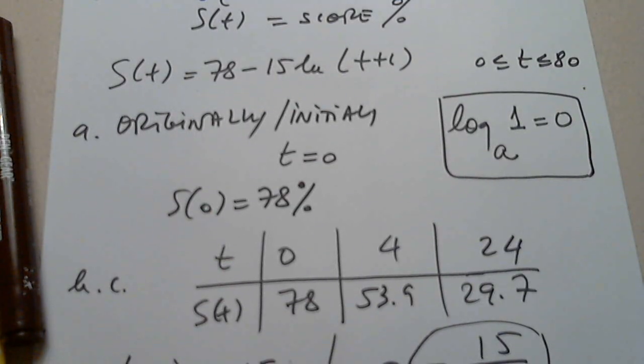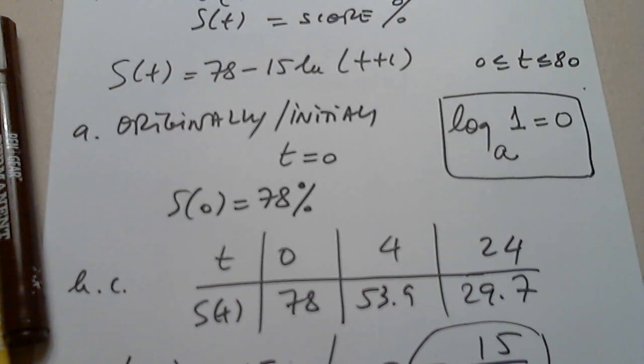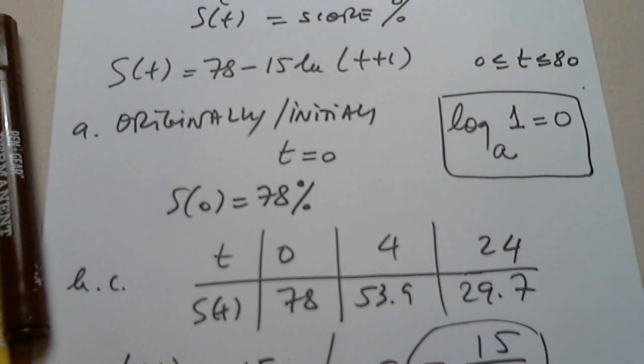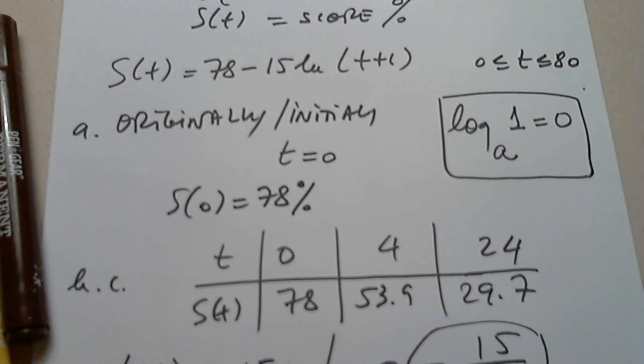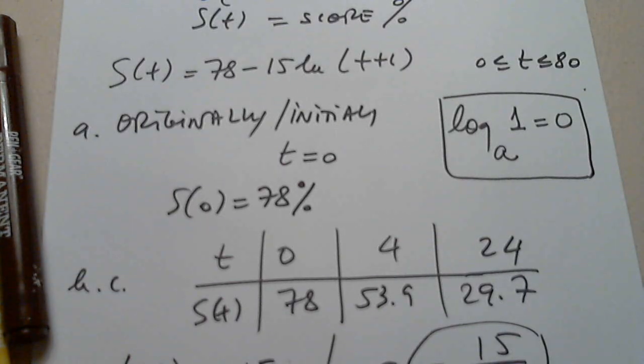I'm going to enter this function as well in the graphing calculator and evaluate it for 4 and 24. In y equals, I'll create the second function as negative 15 over t plus 1. Be very careful to put the denominator in parentheses, t plus 1. So S prime of 4 is negative 3, and S prime of 24 is negative 0.6.